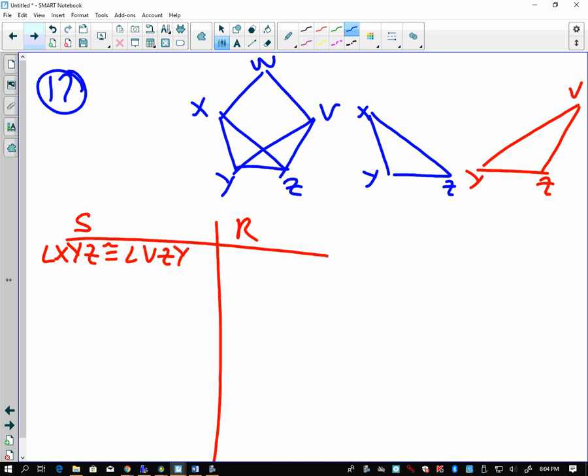So based upon this first given, angle XYZ and angle VZY are congruent. Great. The next one, angle XZY is congruent to angle VYZ.